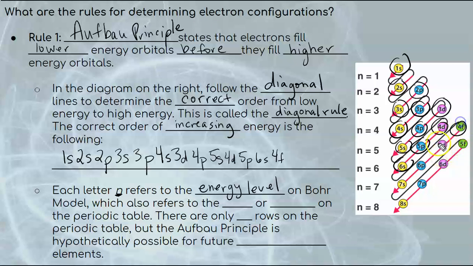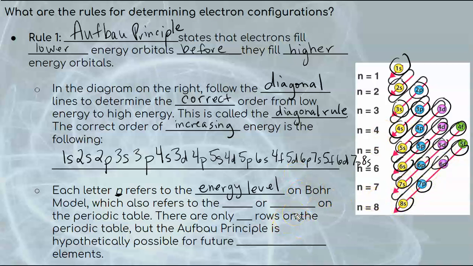And then it goes to 5d, 6p, and 7s. Let's see if I have enough room to fit everything in there. From 7s, we go all the way to 5f, and then 6d, 7p, and 8s. So this would be the correct order of the energy levels and orbitals.